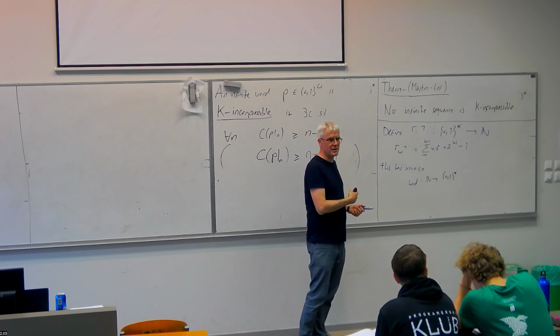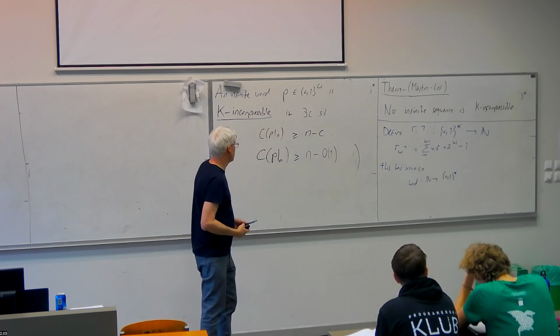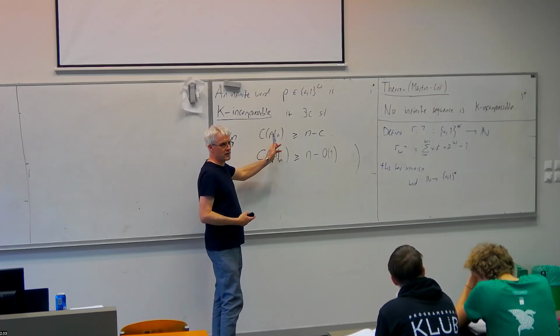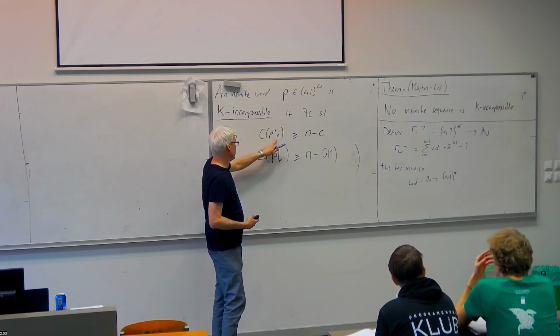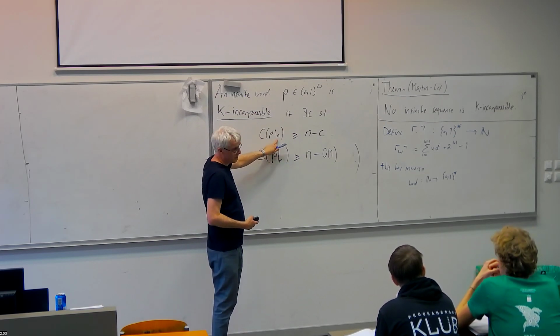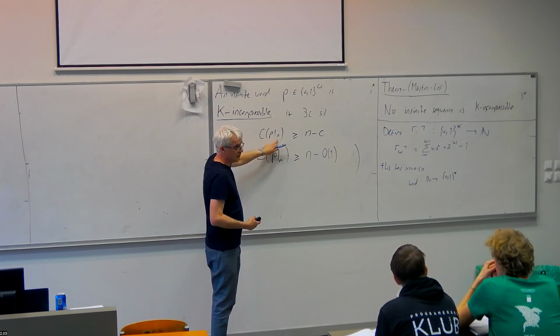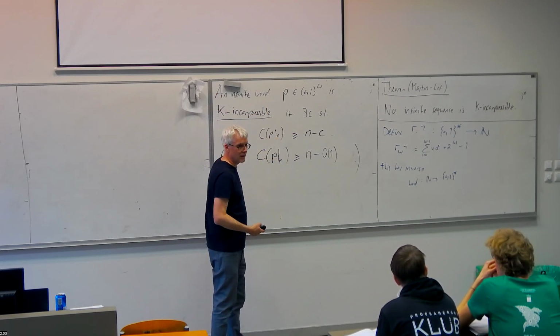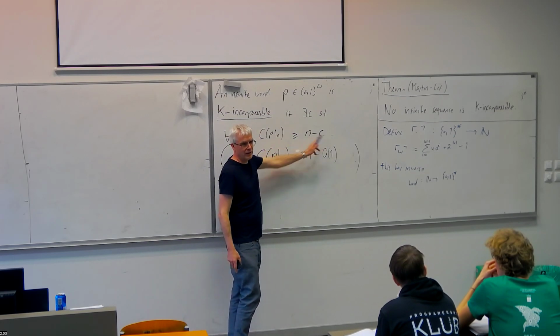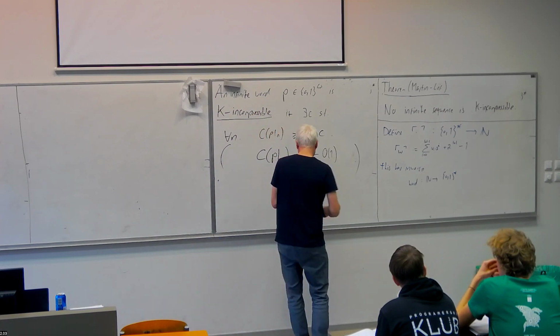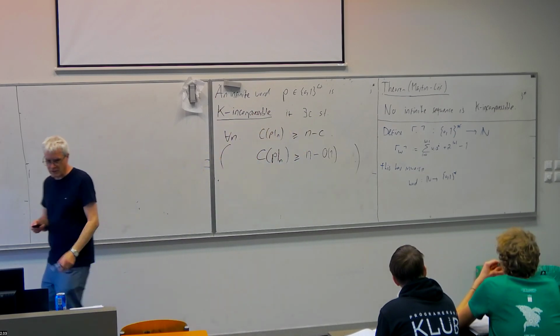So for any number of bits, d say, we'll find some prefix length n such that we can compress the first n symbols of P by at least d. We can do that for any d, so we're now going to have a fixed constant c, so that we can always satisfy this inequality.